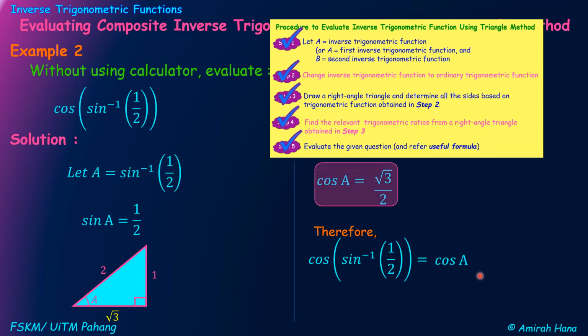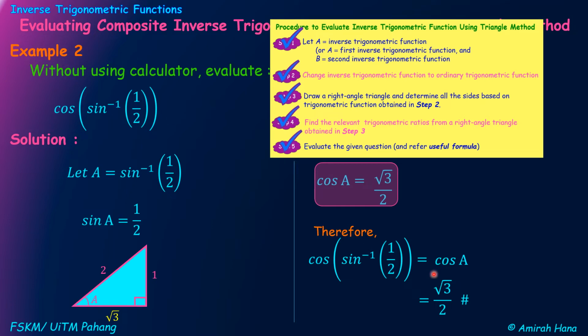And root 3 over 2 here means cos inverse sine half, which is the given question. This is the final answer. So cos inverse sine half equals root 3 over 2 without using calculator.